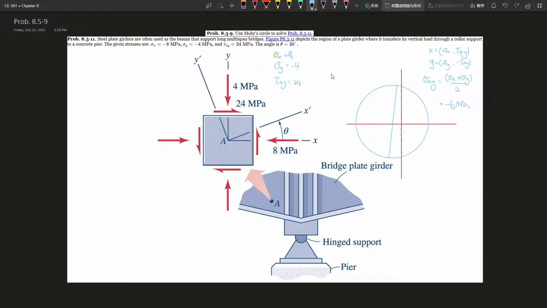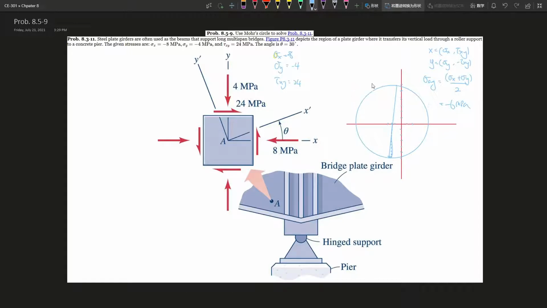Indicate that, and now we can try to find what r is, the radius. How we find that out is just a right angle triangle somewhere here, right?